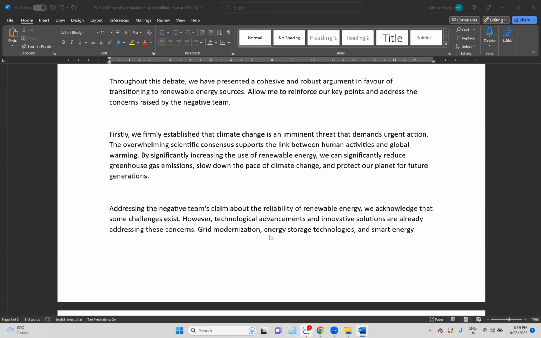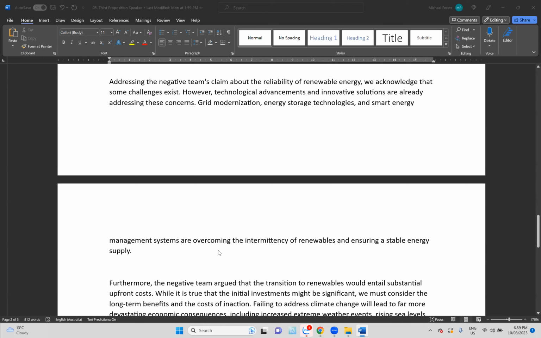Grid modernization, energy storage technologies, and smart energy management systems are overcoming the intermittency of renewables and ensuring a stable energy supply. So again, making the case that what these guys have said, it was a problem, but we've got the solution here. So always trying to find ways to make the other team's arguments seem like they don't matter, because here's the solution.